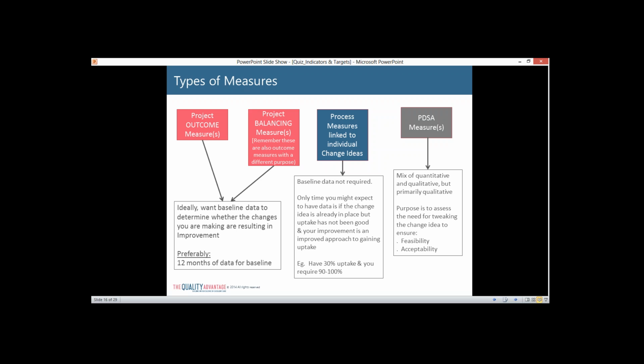You might want to talk to staff after the test and ask, if it's a new form, for example, whether the form makes sense, whether the content and the format make sense to them, whether there are any changes that they'd like to see, if there's anything that you realize after the test is missing that you'd like to add. So it's those kinds of things that we measure during a PDSA cycle, and essentially they're assessing the questions of feasibility and acceptability.